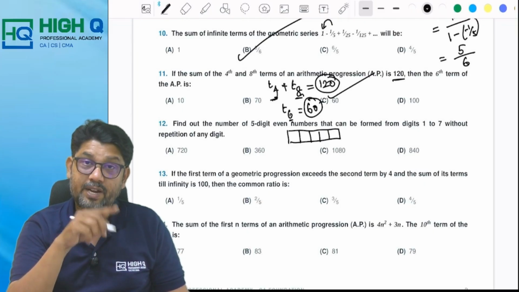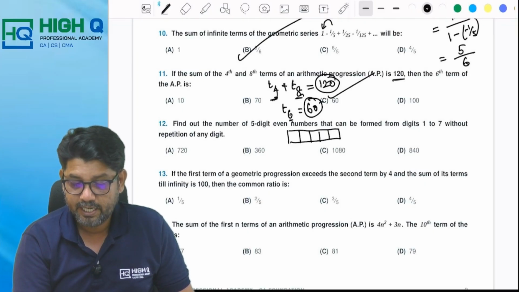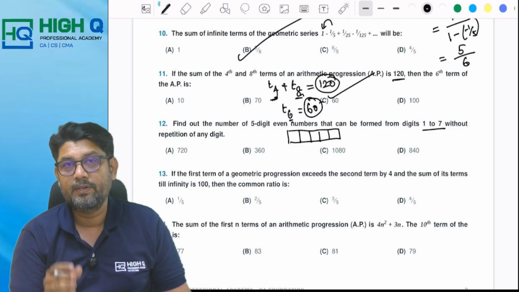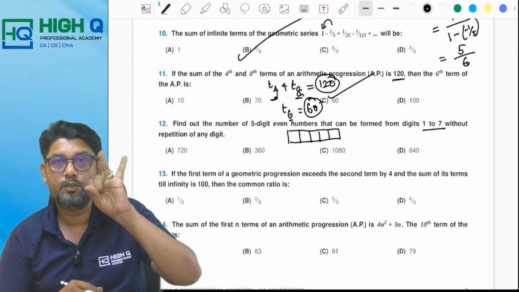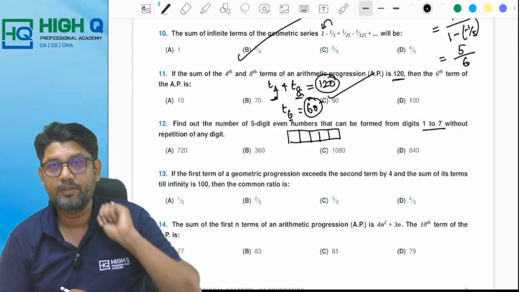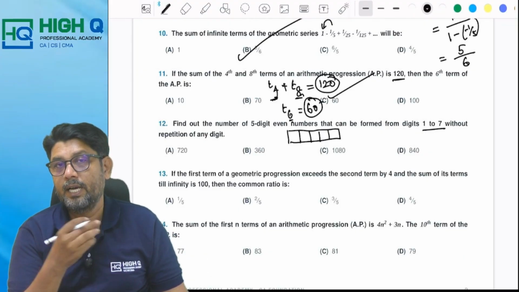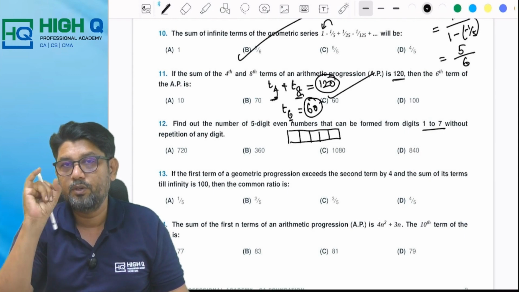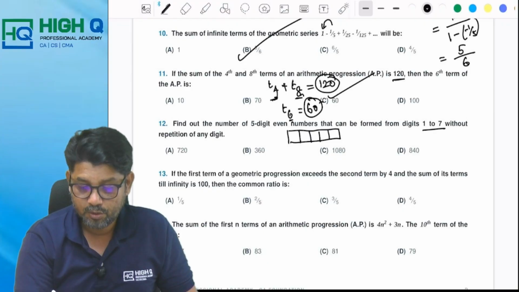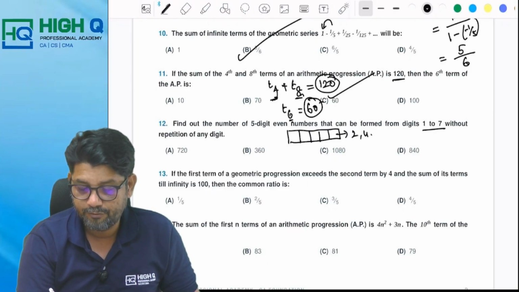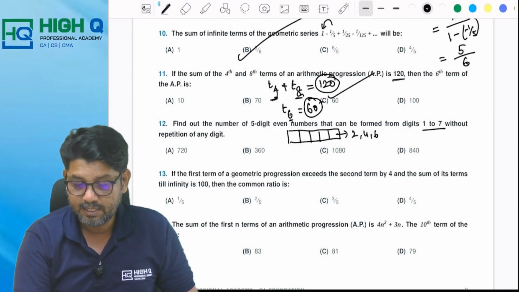Here we are going to form a 5-digit even number using the digits 1 to 7 only. That is 1, 2, 3, 4, 5, 6, 7 only we have to take. Out of these 7 digits, only 3 are even. What are they? 2, 4, 6. So the last digit must be 2 or 4 or 6, any one. So the last digit can be arranged in 3P1 ways.